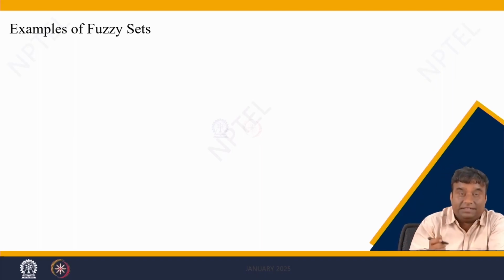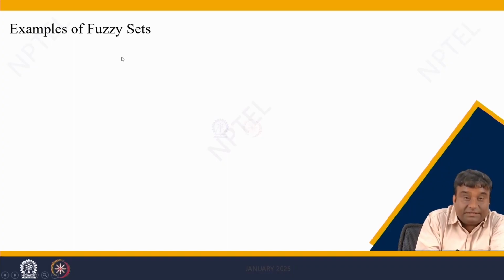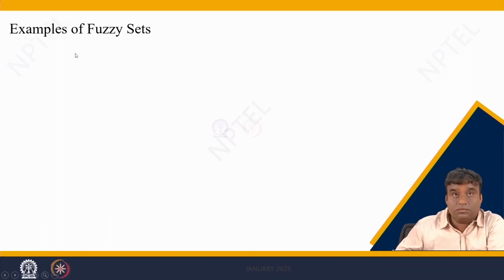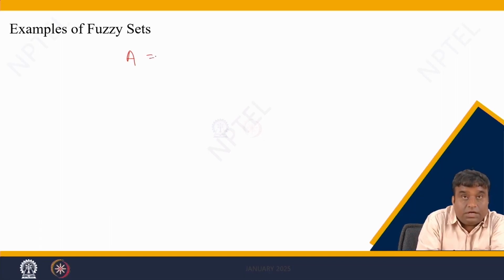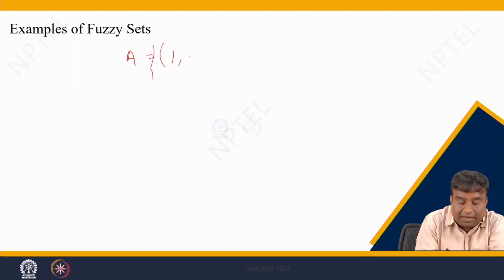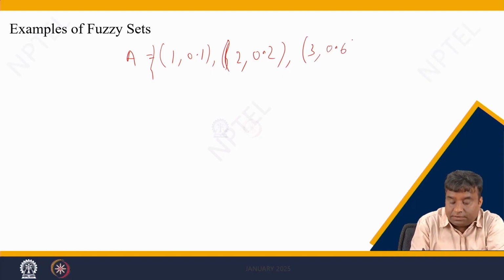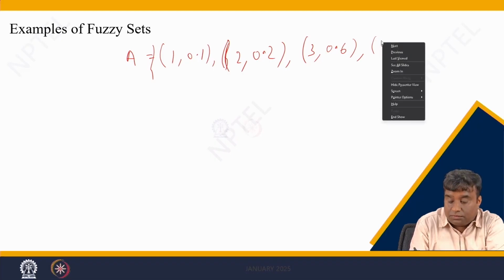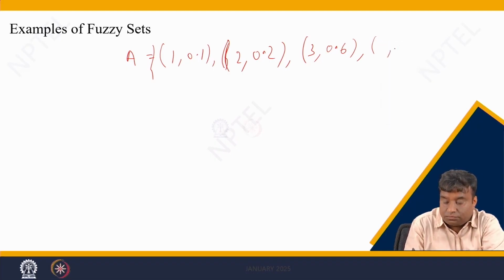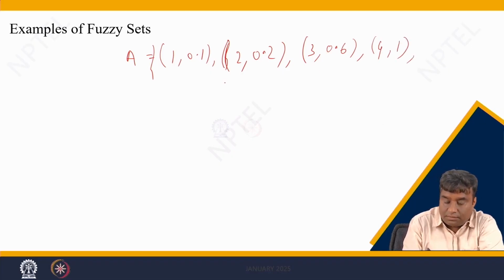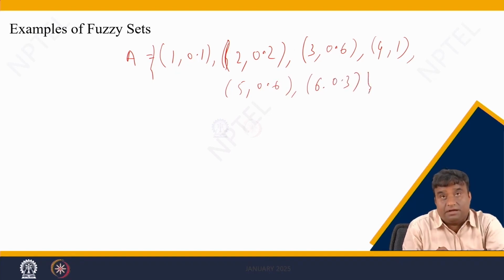So let A be a fuzzy set, written as ordered pairs: 1, 0.1; 2, 0.2; 3, 0.6; 4, 1; 5, 0.6; 6, 0.3, and so on. So this is a fuzzy set.